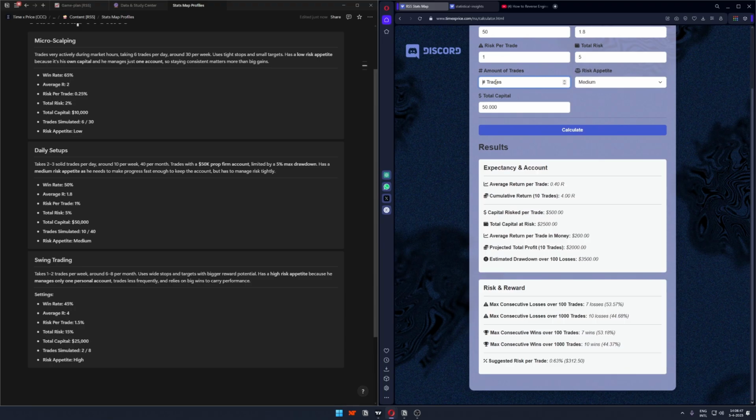So the suggested risk to sustain this drawdown is 0.63 instead of taking 1% risk per trade. Looking at this as a return over a month period, we'll see that he has some decent returns, but he needs to maximize his risk, and maximizing his risk at the moment will lead to a natural drawdown, destroying the account.